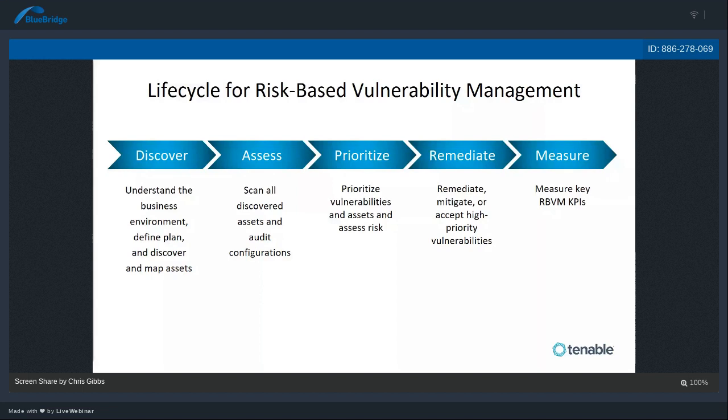What metrics can we use to do that prioritization? Through to remediation and fixing the problems that were found, the vulnerabilities that are found. And then measuring how you've been successful. How are you staying up with the KPIs?